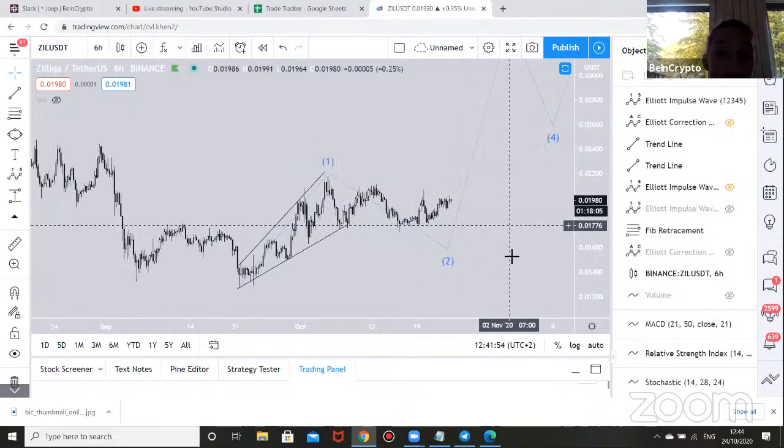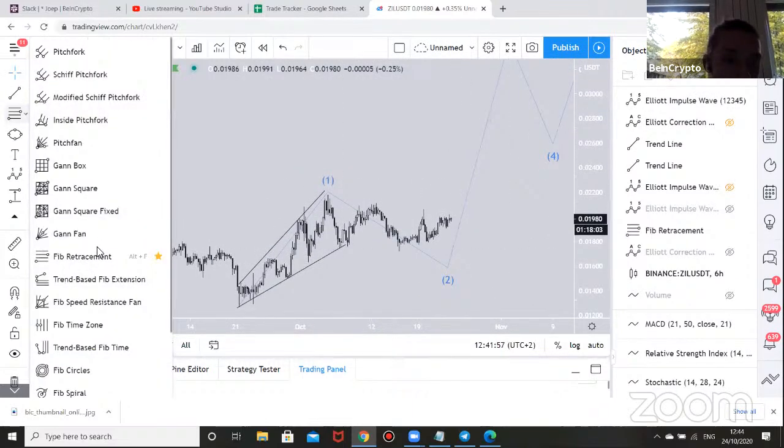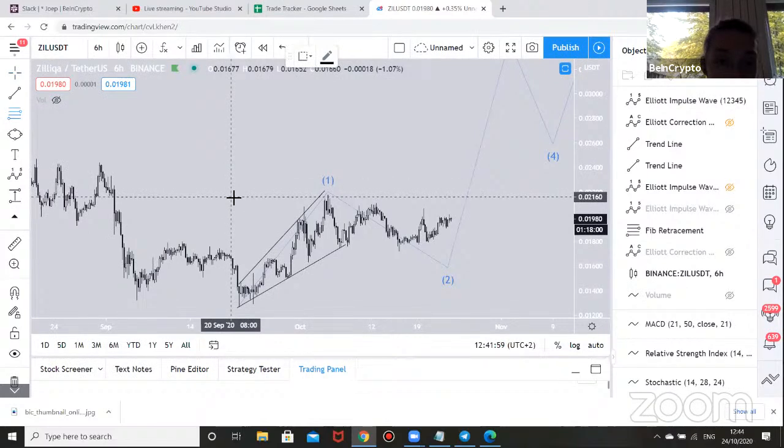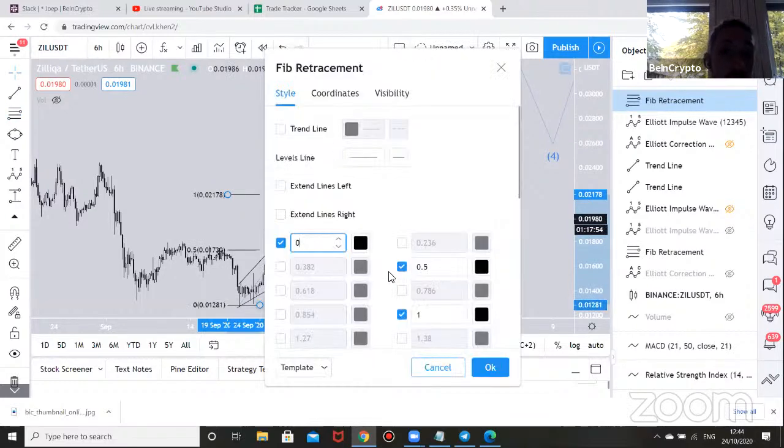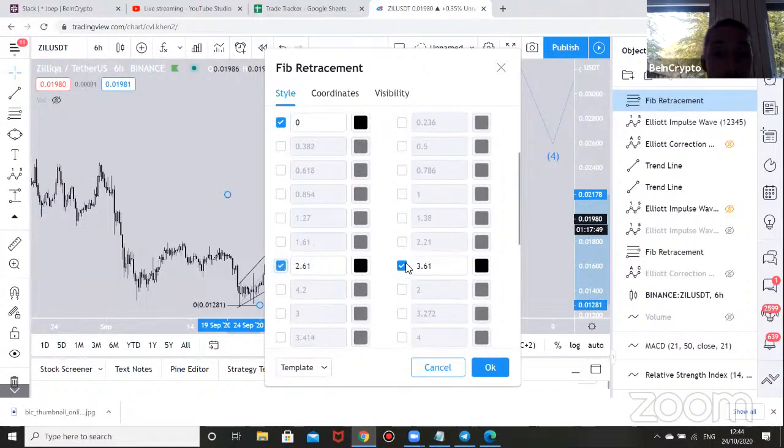As for the targets, in order to find the target, you do an upside down of wave 1. Now, the most common target for wave 3 would be between the 2.61 and 2.22.